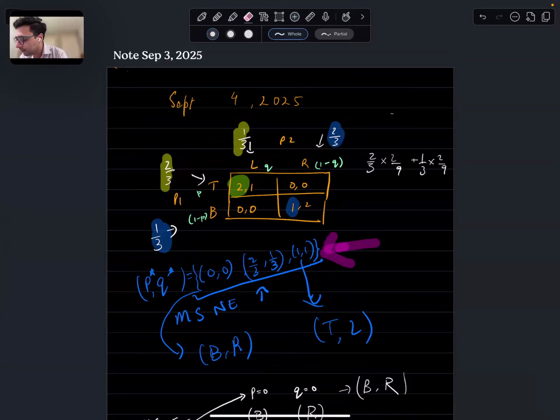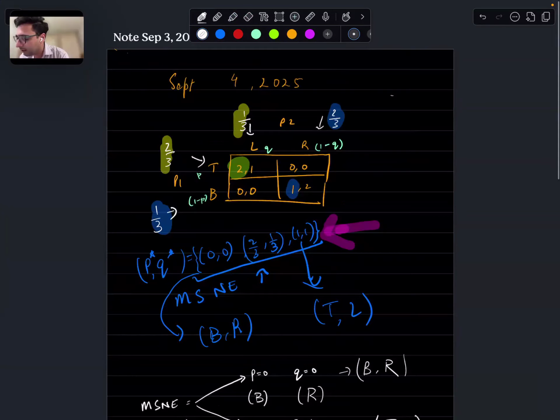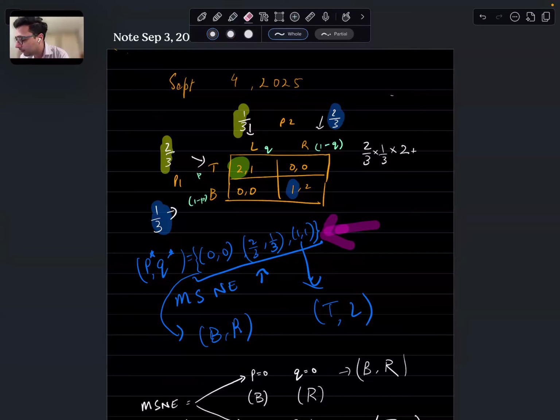Oh, sorry. Let me just do this again. So let's write out the probabilities first. The light green ones are 2/3 times 1/3 times the payoff, which is 2, plus 1/3 times 2/3 times the payoff, which is 1. So that becomes 4 divided by 9 plus 2 divided by 9 equals 6 divided by 9, which is equal to 2/3.